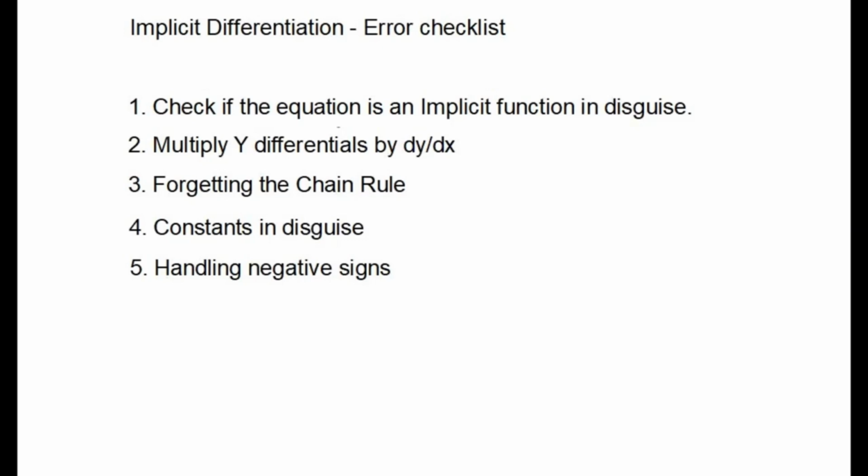Secondly, when you're differentiating a function implicitly, you want to remember to multiply the y differentials by dy by dx. Thirdly, forgetting the chain rule. If there's a power, a bracket, or something nested, don't forget to apply the chain rule.